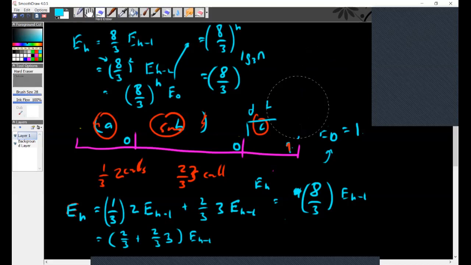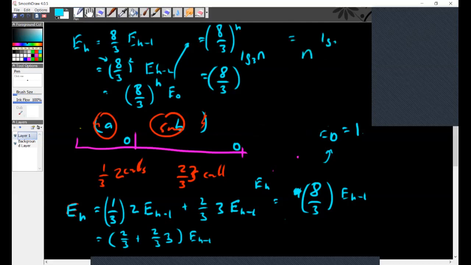Now let me just whip out my phone real fast because I want to compute this value. Let me do some quick math. This I know is n to the power of log base 3 of 8/3.